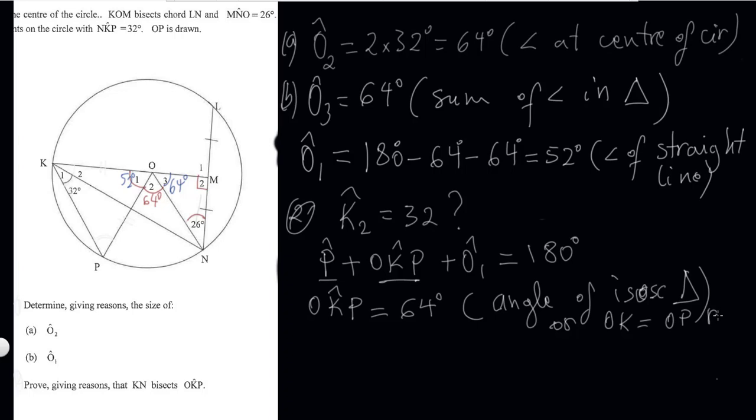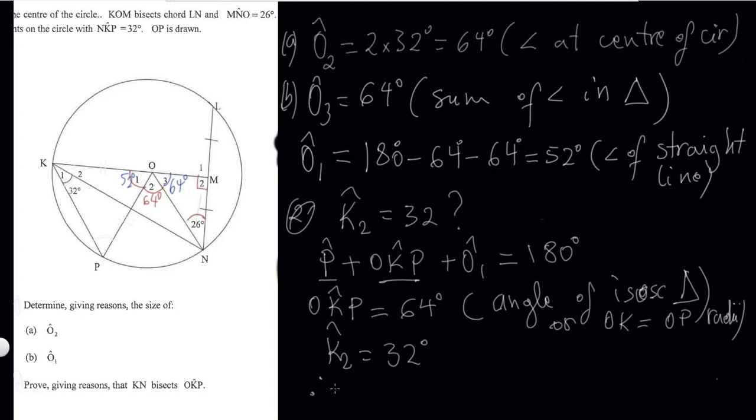Both of them are radii. Meaning that if this total angle is 64, K2 will be equal to 32. Because this angle is 64, if K2 is 32 and K1 is 32, the total will give you 64.